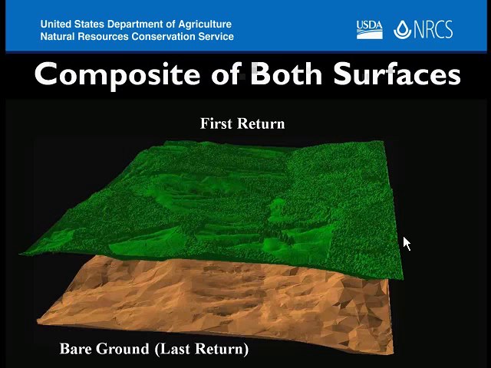Here's a picture of how you can separate bare earth from the ground and the first return. When NRCS first started using LiDAR, we were very interested in the bare earth last return, and that was very useful for terrain mapping and hydrologic analysis. But it turns out that the biological community is very fascinated about what information occurs above the ground.